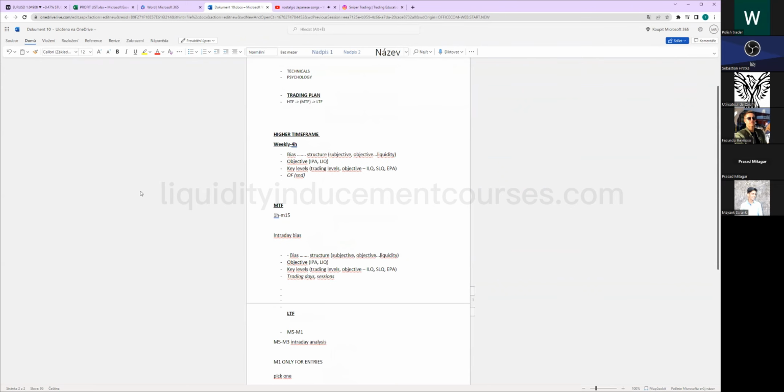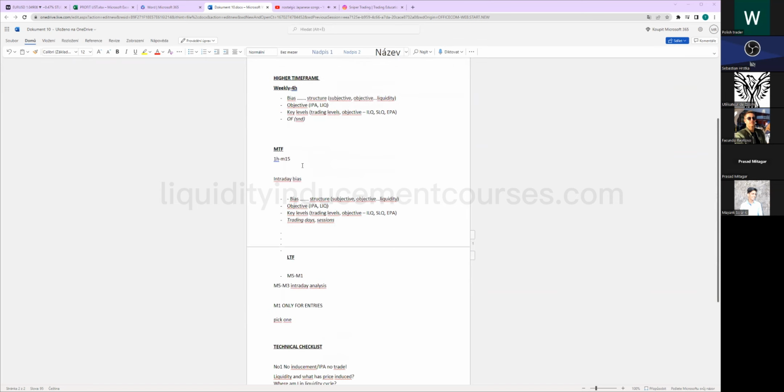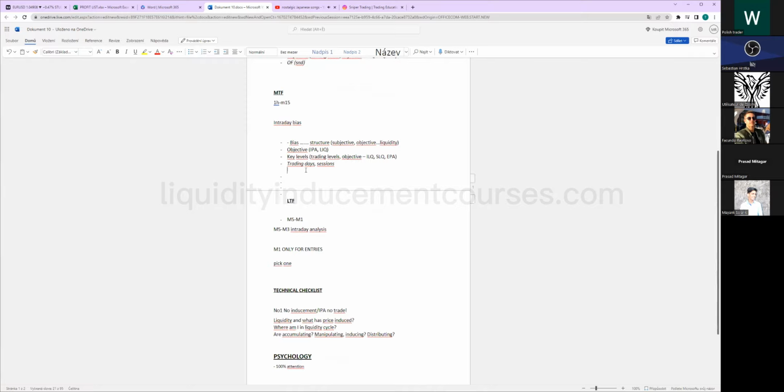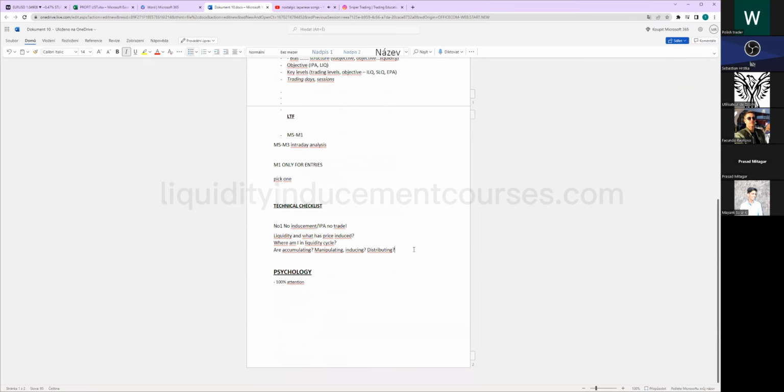Higher time frame is the most important, but intraday MTF is enough. But you should always check a higher time frame to get no surprises, you know. Because sometimes you just watch price and then price flies 50 pips and you don't know why.